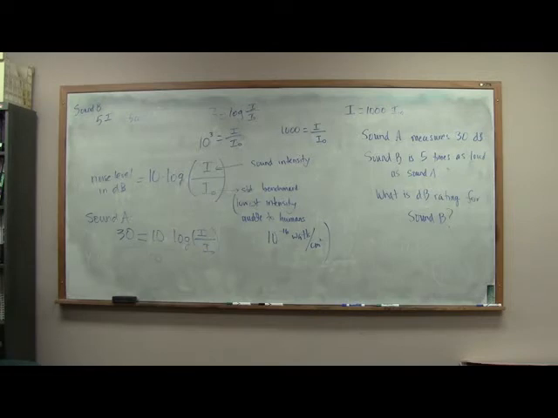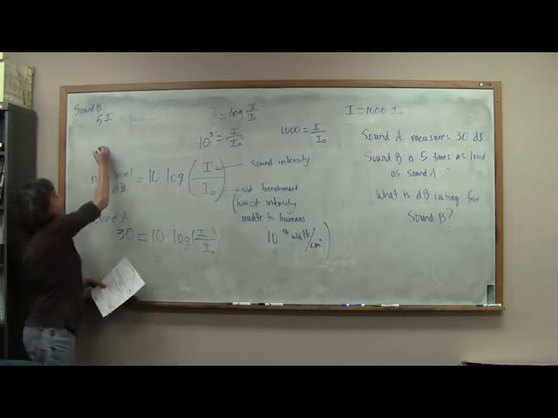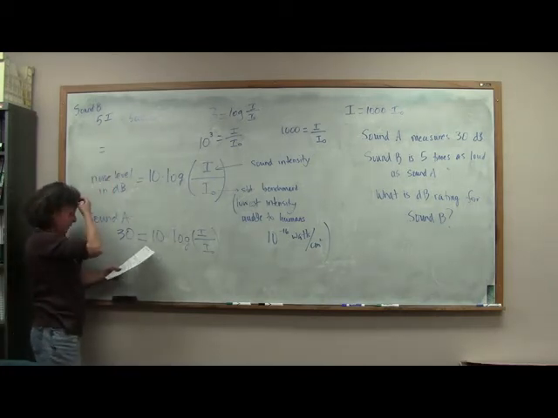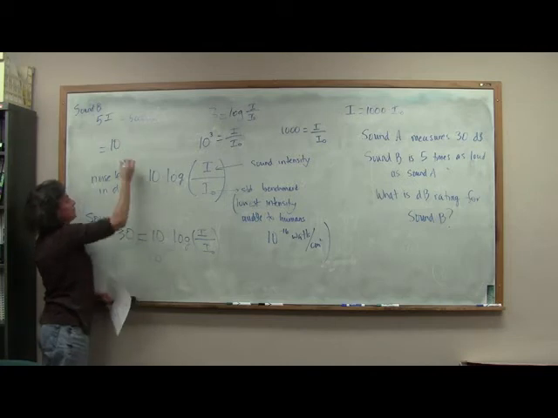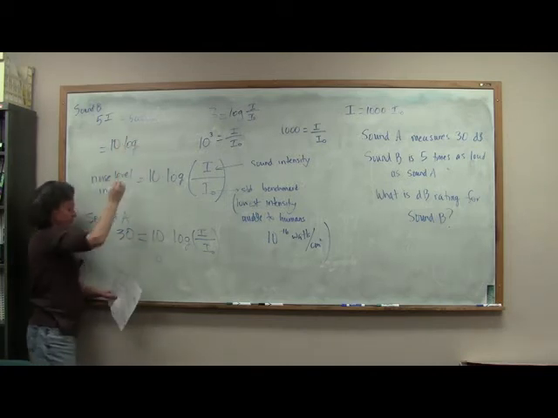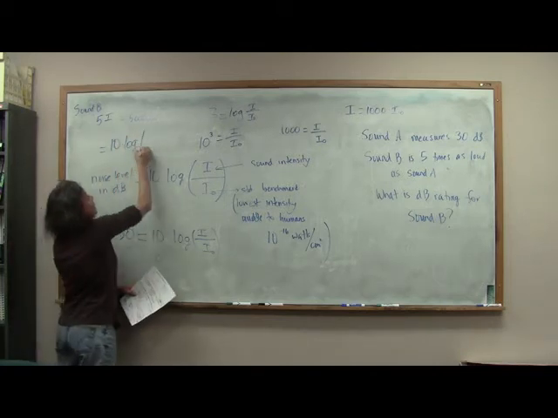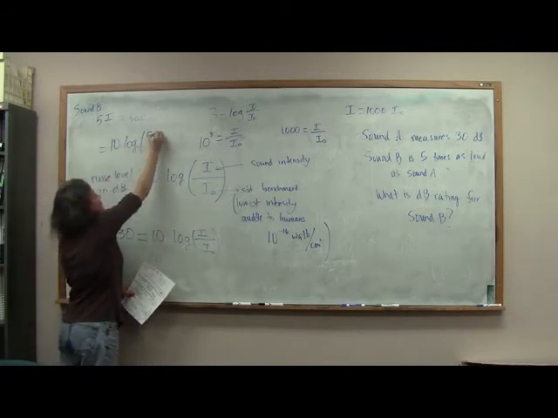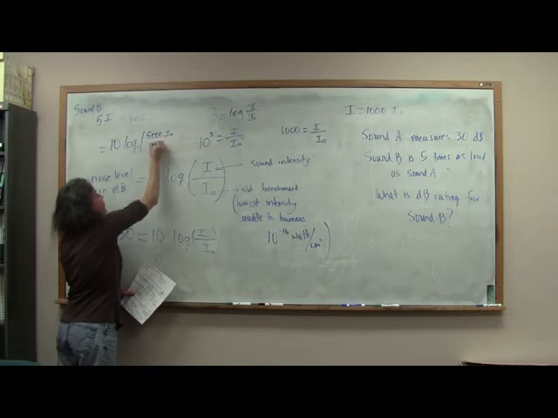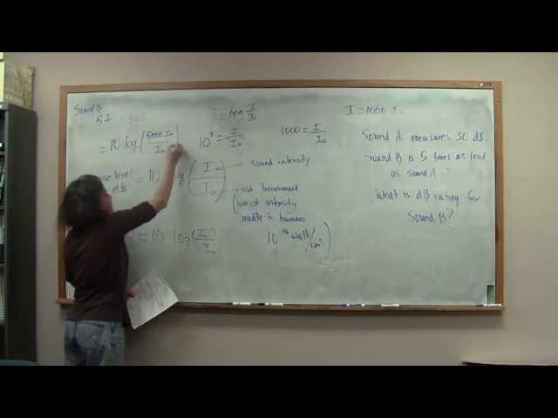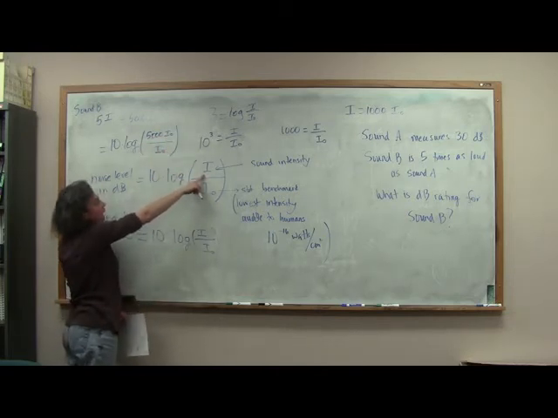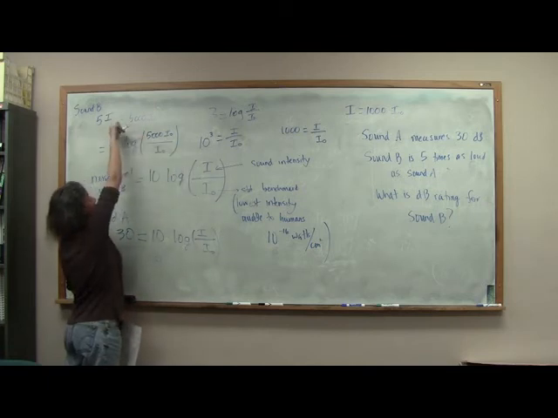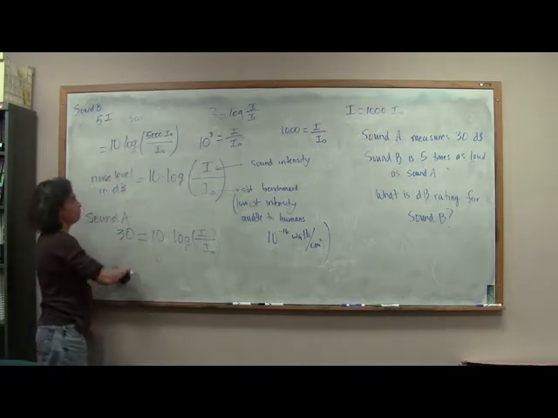So, what is the decibel level for sound B? Well, that's going to be equal to 10 times the log. Well, what is my sound intensity? It's 5,000 I sub 0 divided by I sub 0, right? We found I to be 5,000 times I sub 0.